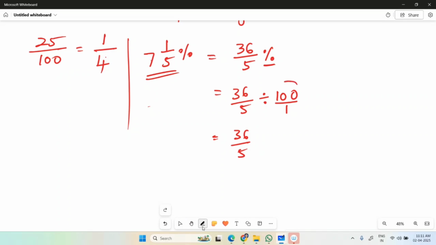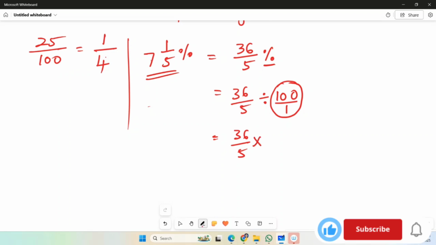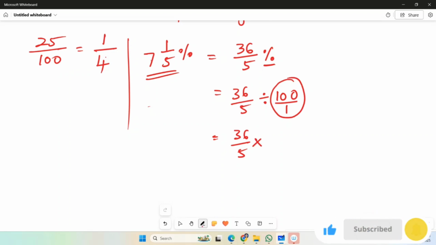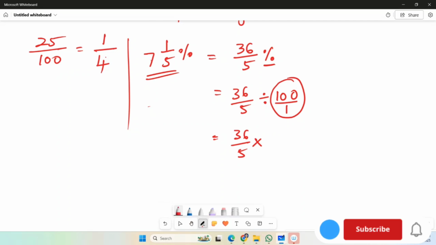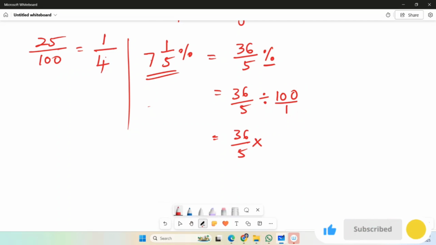While dividing two fractions, the divisor is reciprocated, converting the division into multiplication. So the reciprocal of 100 by 1 is 1 out of 100. We are just turning the denominator into the numerator and the numerator into the denominator.